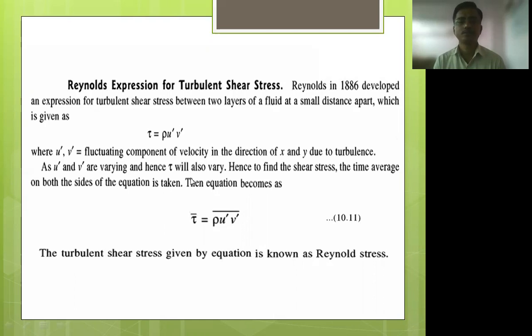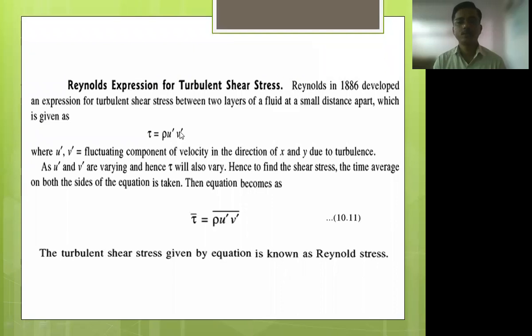What is that equation? Tau is equal to rho into u dash into v dash, where u dash and v dash are the fluctuating components of the velocity. The velocity component in the x direction is u, and in the y direction it is v.